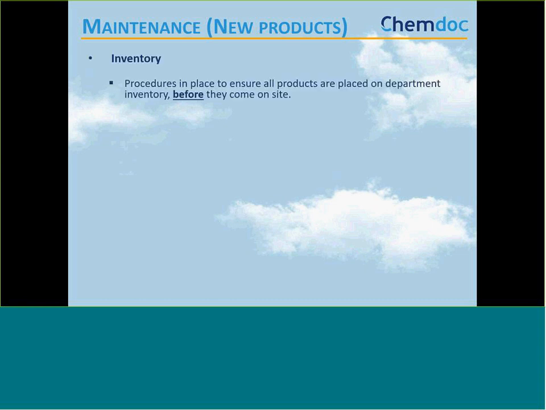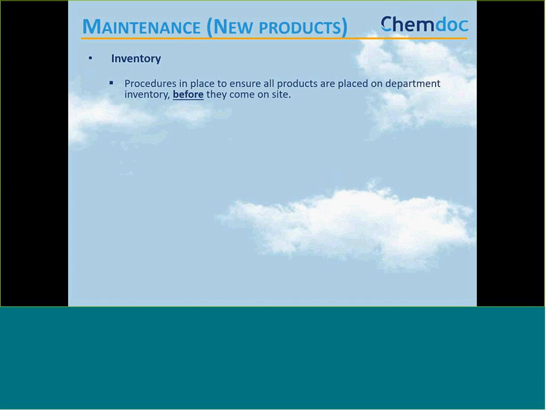So this is for new products. Again, it's a place where people very rarely fall down. They get an Excel file of all their products and think everything is up to date, but a new product comes in and there's no procedure in place for, well, how do we add this into our current system? So first, the inventory.